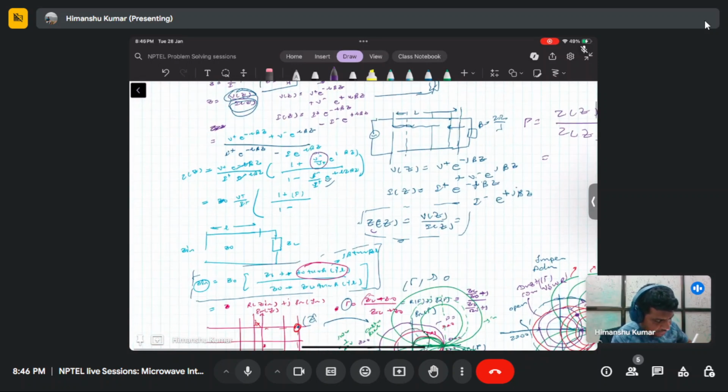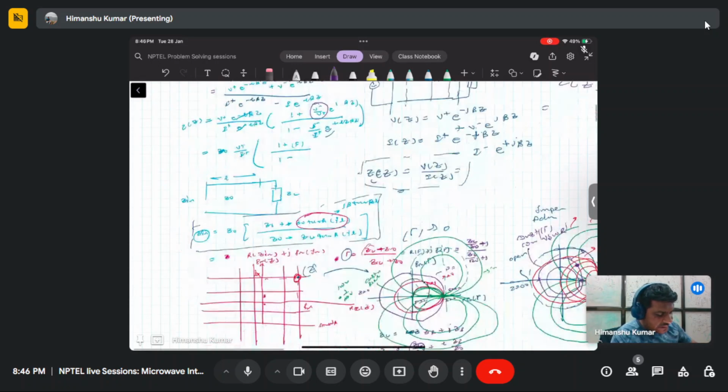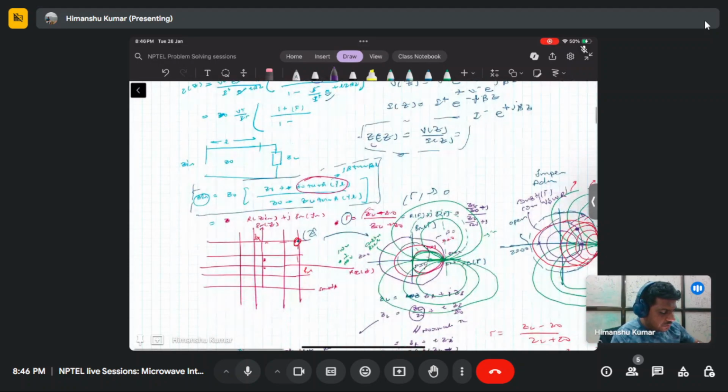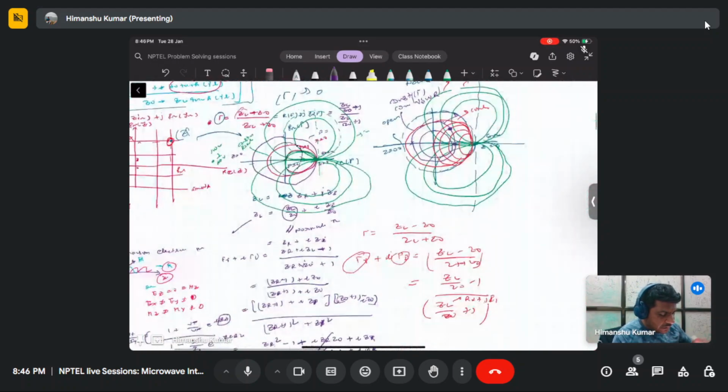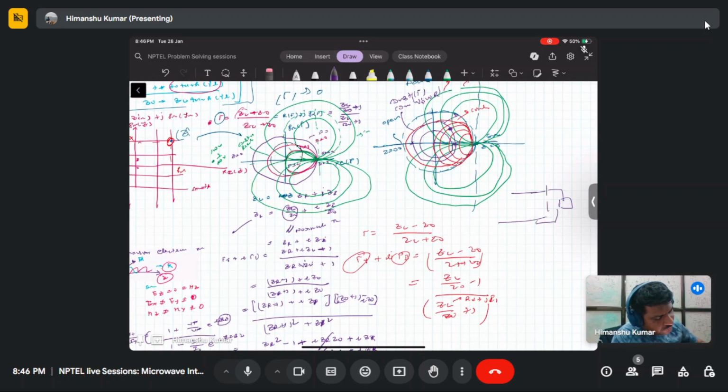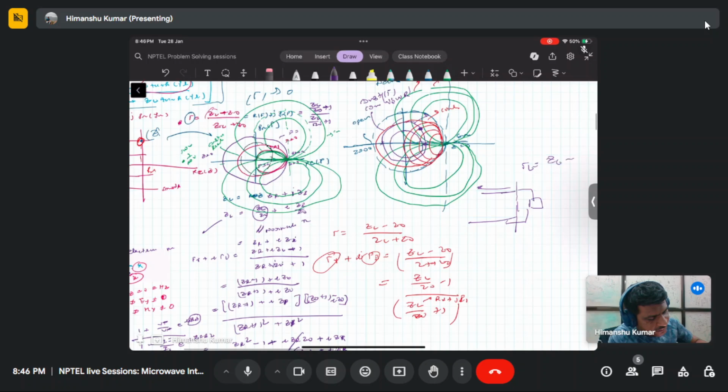As you can see, the reflection coefficient varies with Z. Suppose you have connected a lossless transmission line to a load and you are moving along this line. If you know the reflection coefficient at the load side, gamma load is equal to Z load minus Z naught divided by Z load plus Z naught.